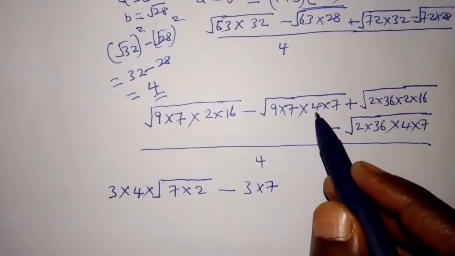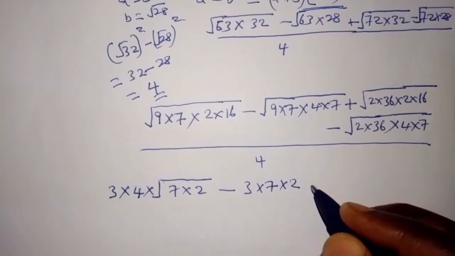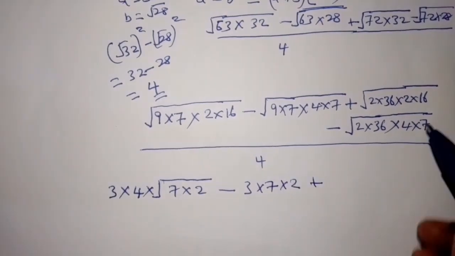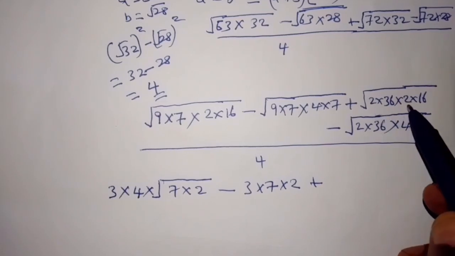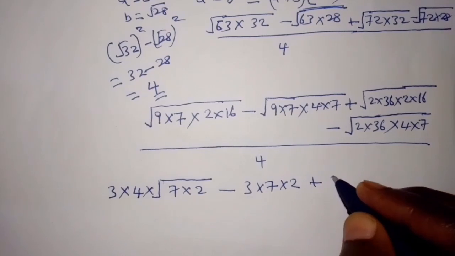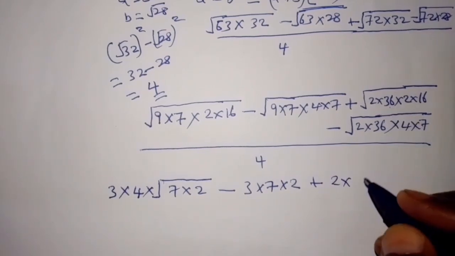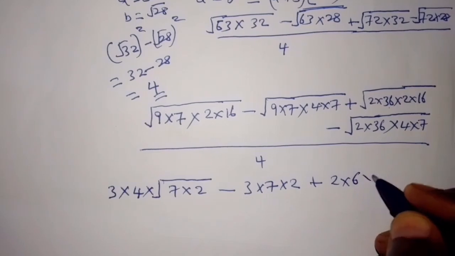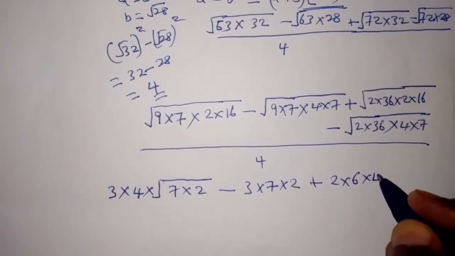Square root of 4 is 2. Then we add here, 2 times 2 is 4. Square root of 4 is 2. Square root of 36 is 6. Square root of 16 is 4.